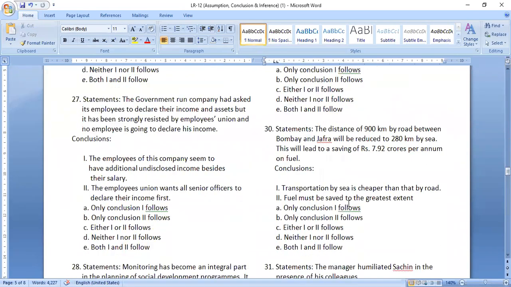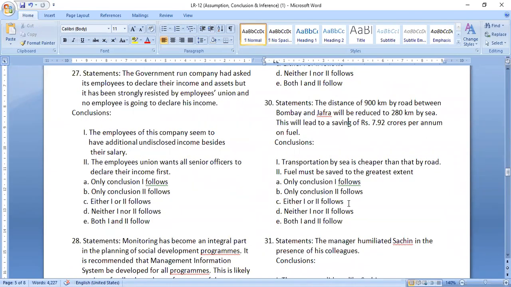Okay, so the distance of 900 kilometers by road between Bombay and Jaffra will be reduced to 280 km by sea. This will lead to a saving of rupees 7.92 crores per annum on fuel. Conclusion one is transportation by sea is cheaper than that by road. Conclusion two is fuel must be saved to the greatest extent.